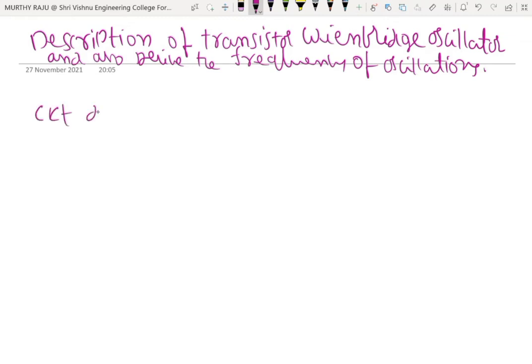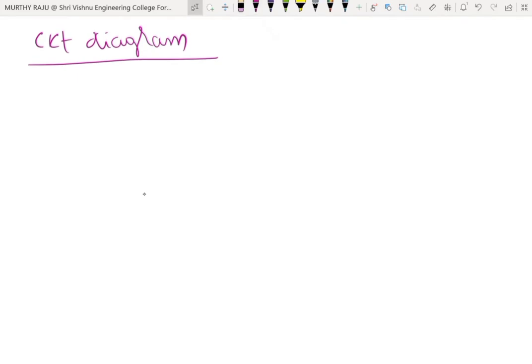Circuit diagram. Bridge network is used here. This is the capacitor in series with resistor.